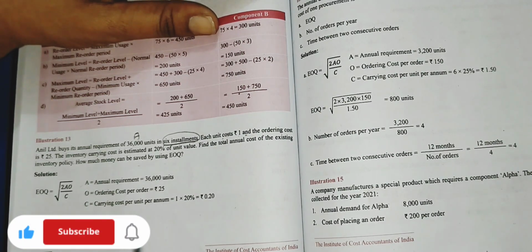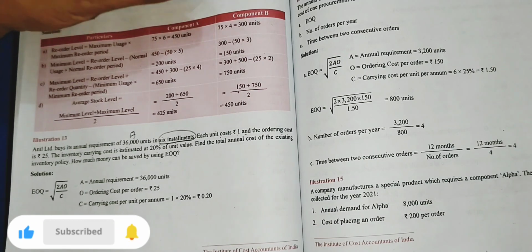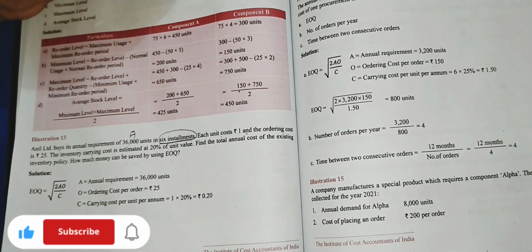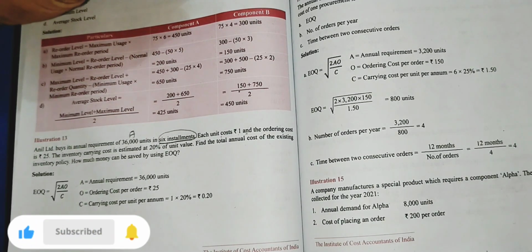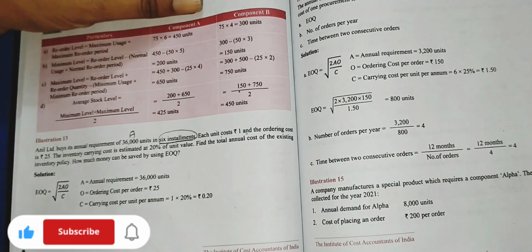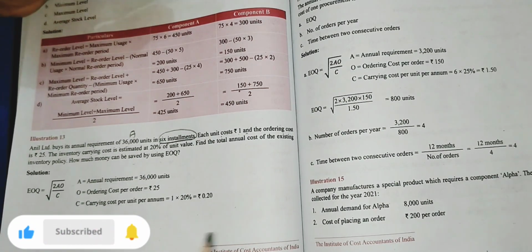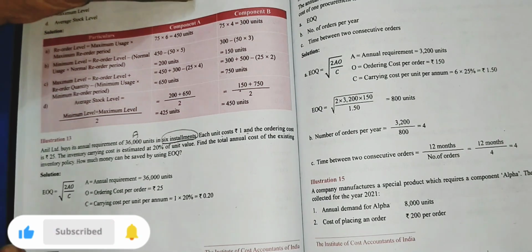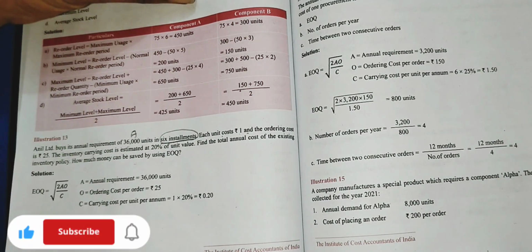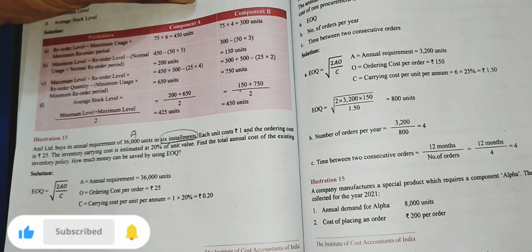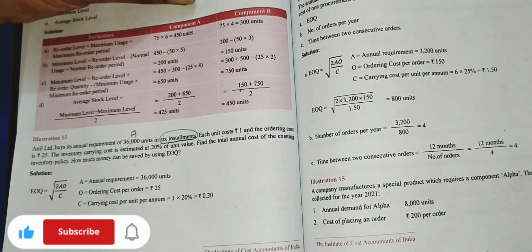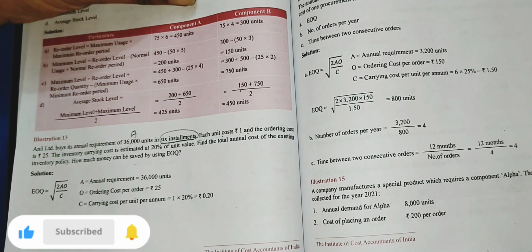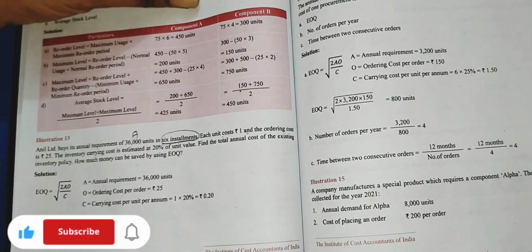Now if we take this annually means what? 12 orders. So first we will find out annual EOQ. Then we can do a comparison between the existing policy and the new proposed EOQ policy. So that is 12 orders. Okay, so let us find out.